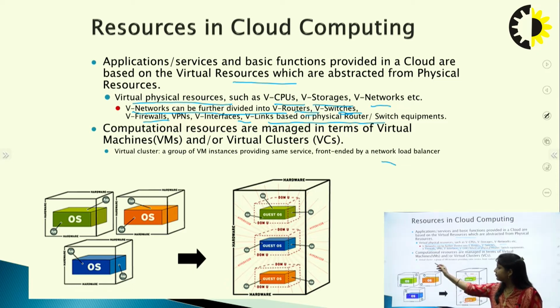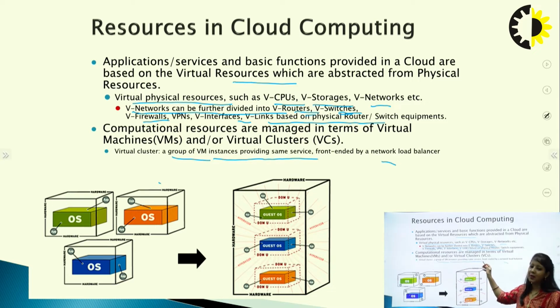At the provider end, the provider will deploy virtual clusters. There is not a single virtual machine; the provider will deploy multiple virtual machines, which get clubbed together to form a virtual cluster: a group of VM instances providing the same services.